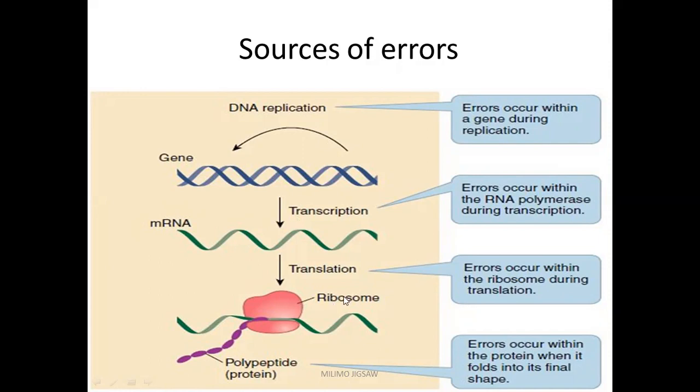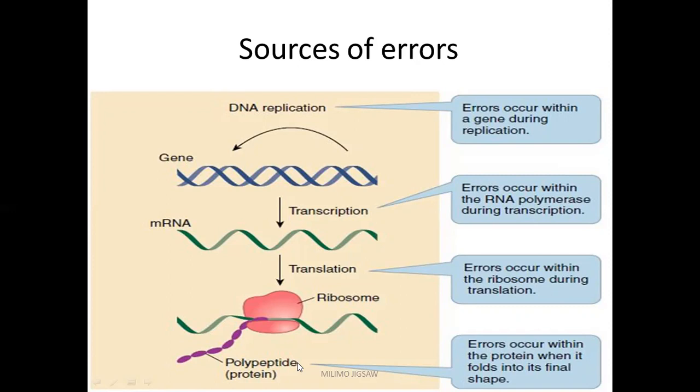And then errors can also occur during the process of protein folding. Remember when we looked at proteins, we said that the folding of a protein is essential to its function. So errors can also occur within the protein when it is folding to its final shape.